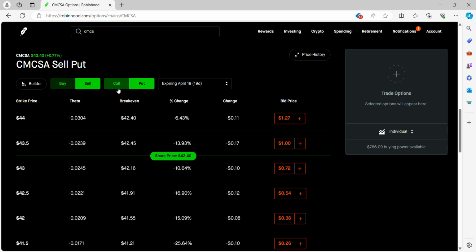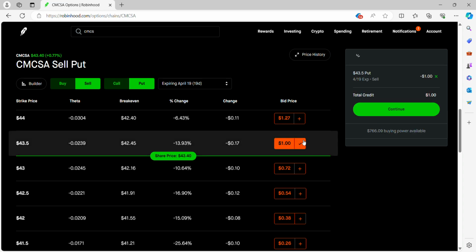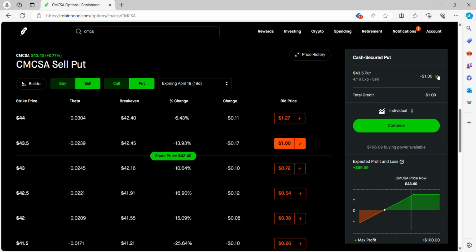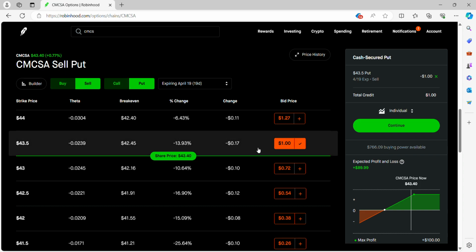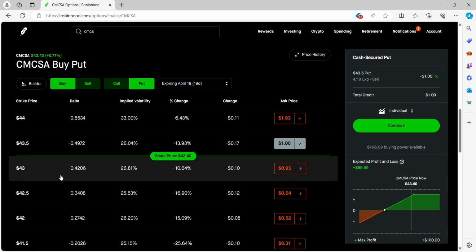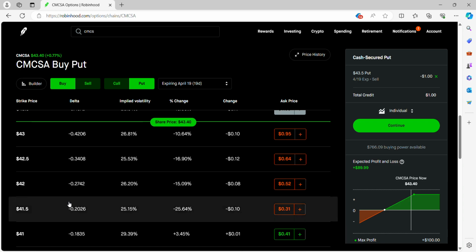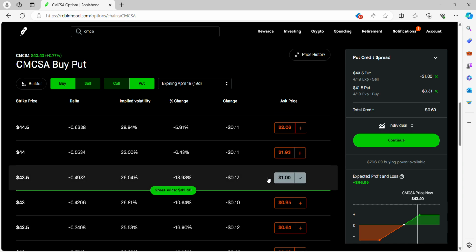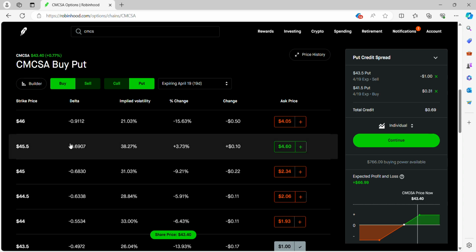Right now, for a simple butterfly, I'm going to be buying the in the money put, and let's say we'll go $2 out, to 41.50, and then we'll go $2 up from here, so that's 45.5.